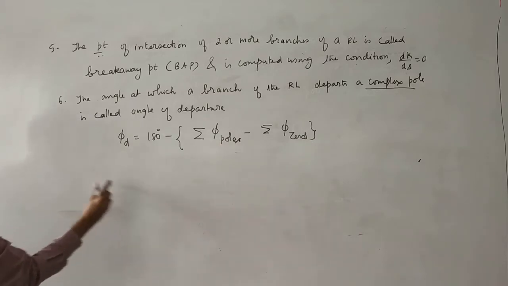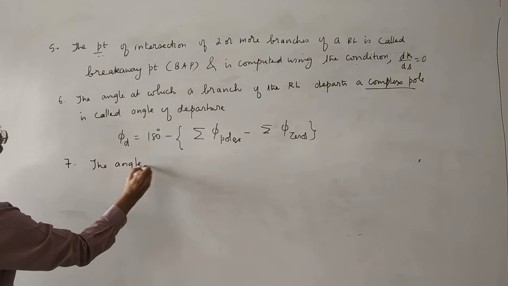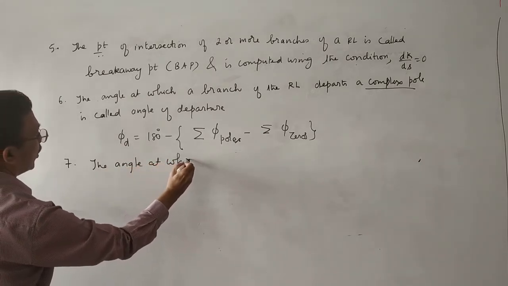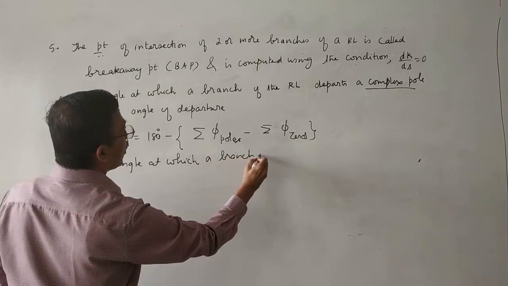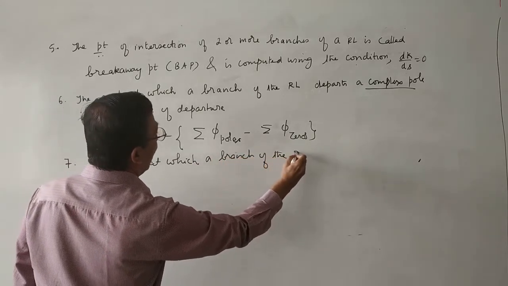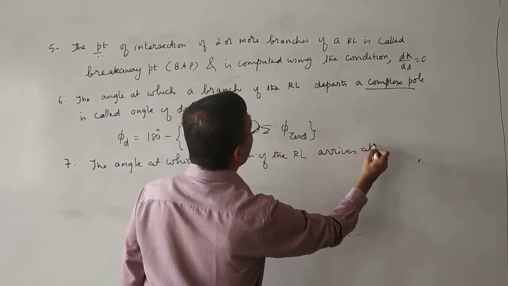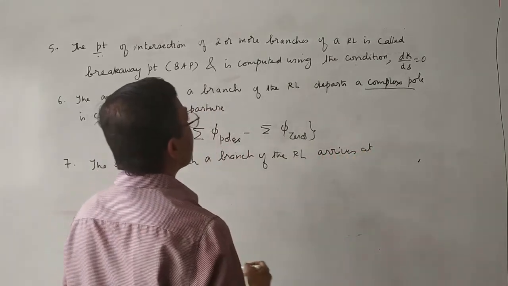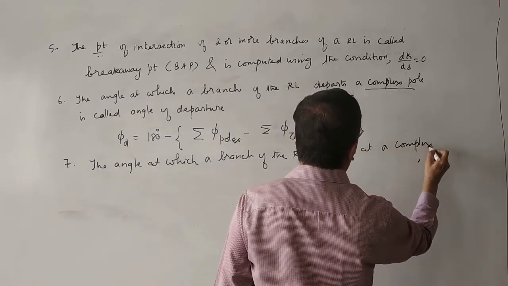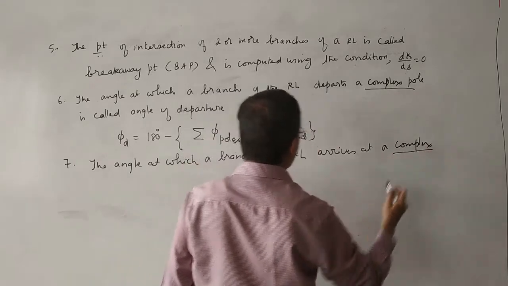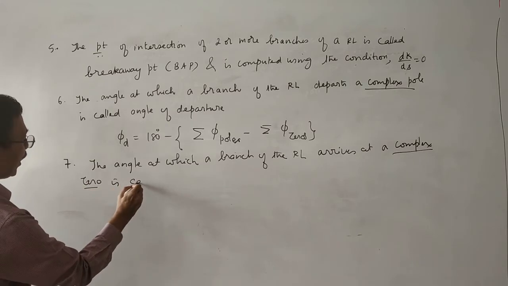Next point. The angle at which a branch of the root locus arrives at a complex zero is called angle of arrival.